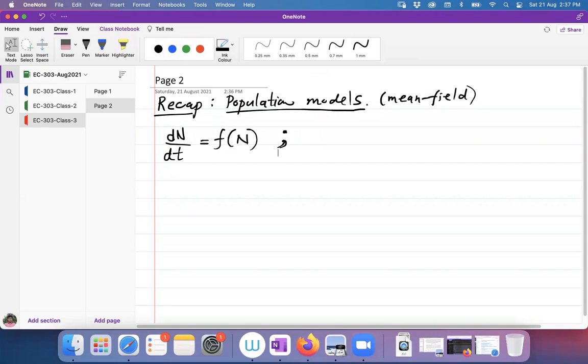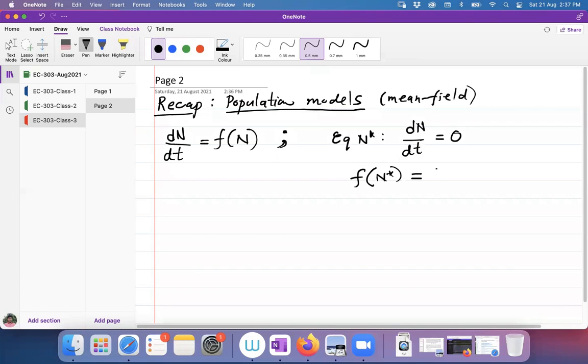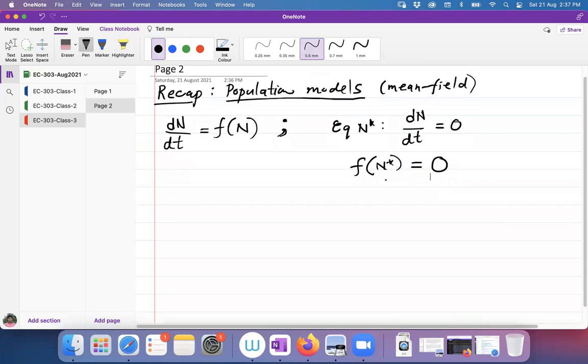An equilibrium population is a population size where the growth rate becomes 0. And how do we find them? We find them by setting the function f to 0. So the roots of this function will give me all equilibrium values. And we consider only positive values, to look at population sizes.